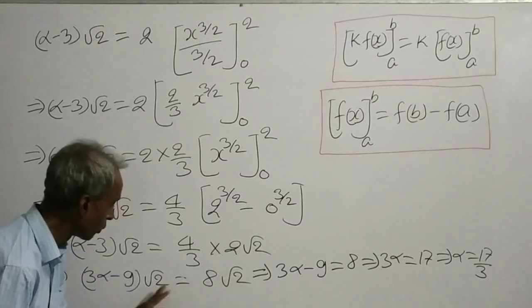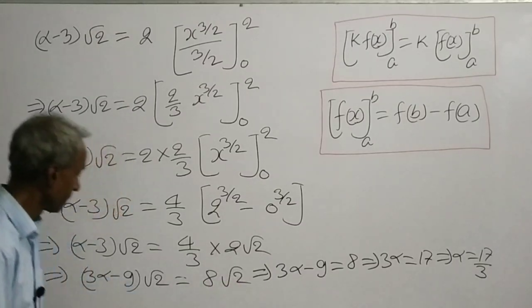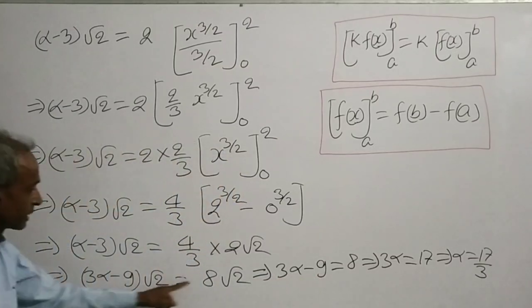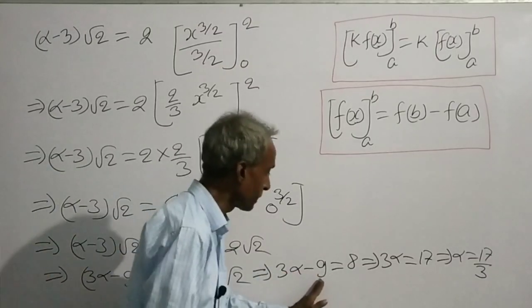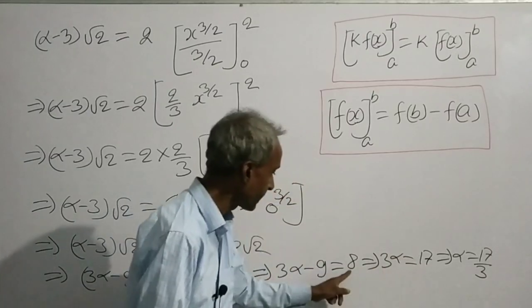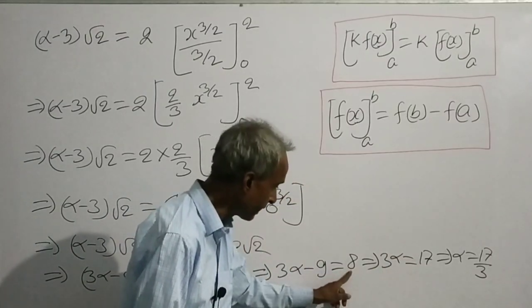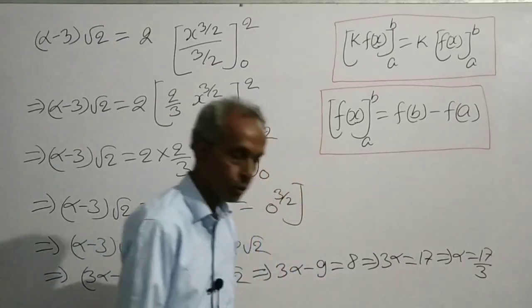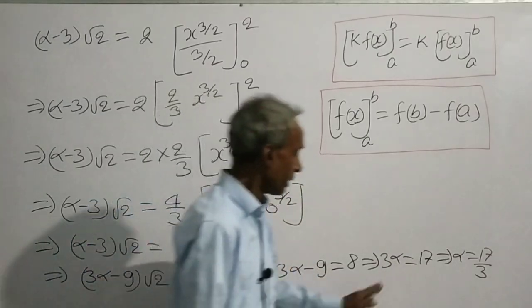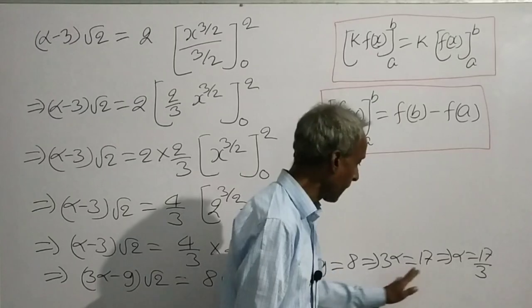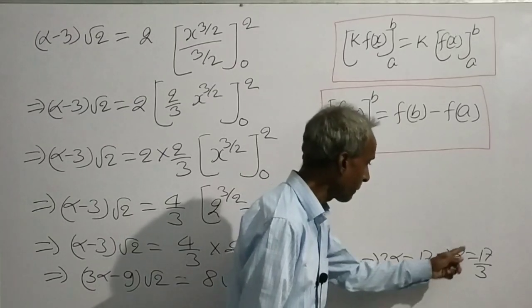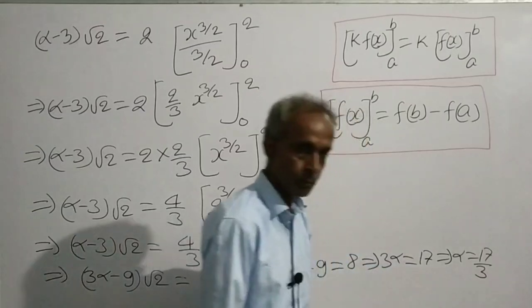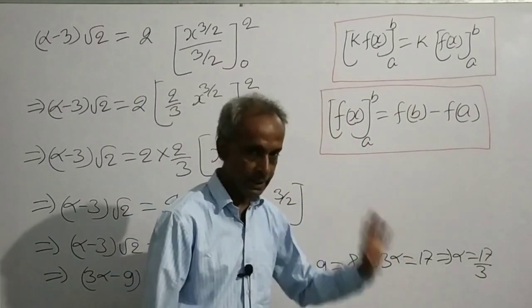Cancelling root 2 from both sides, we get 3 alpha minus 9 is equal to 8. Shifting this 9 on the right hand side and adding with 8, we get 17. 3 alpha is equal to 17. Dividing both sides by 3, we get alpha is equal to 17 by 3. Now the solution is complete.